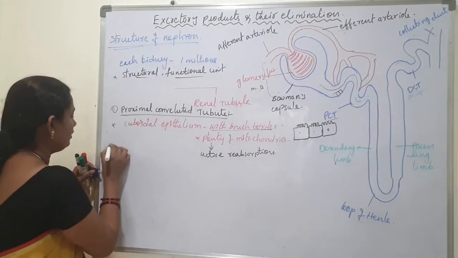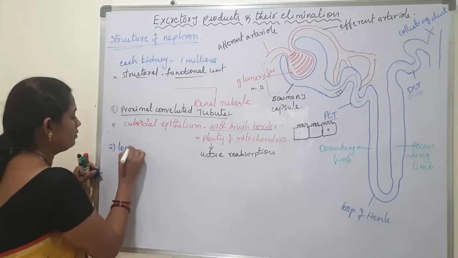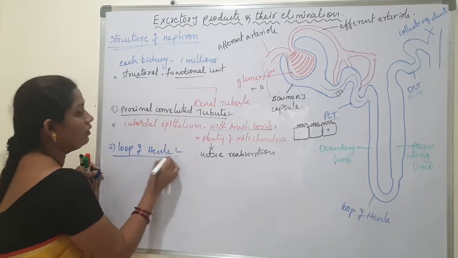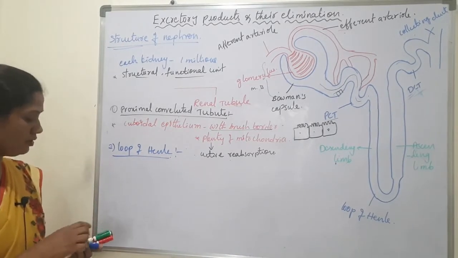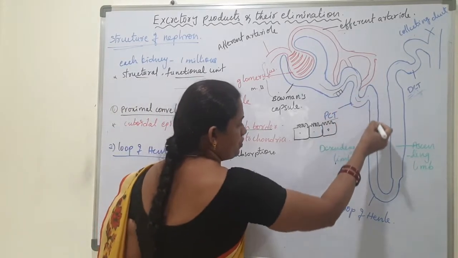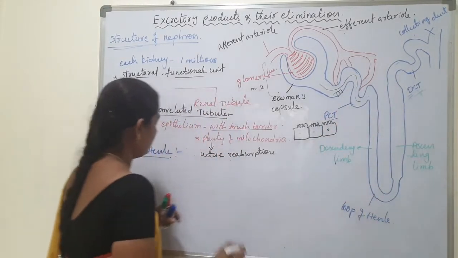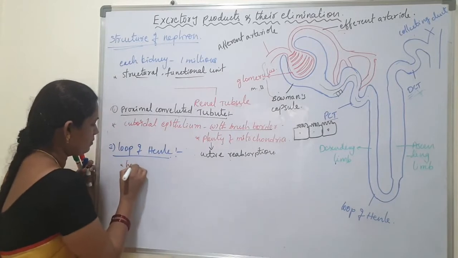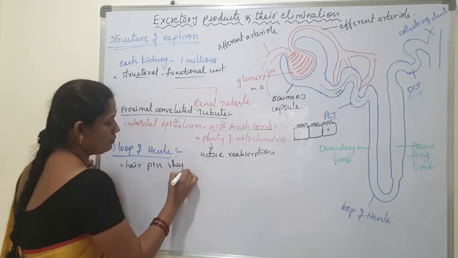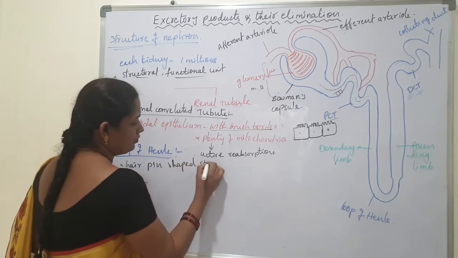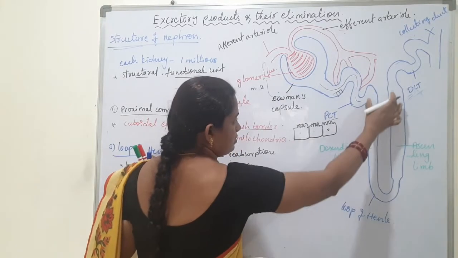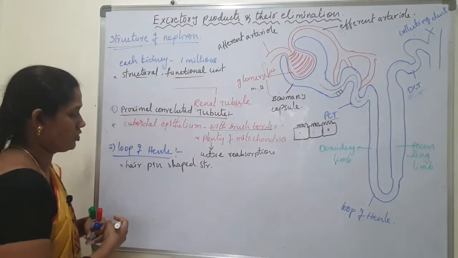Next, the loop of Henle. The PCT opens into the loop of Henle, which is a hairpin-shaped structure. It is a long tube-like structure, just like a hairpin.